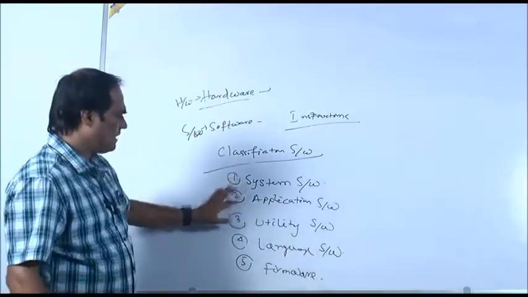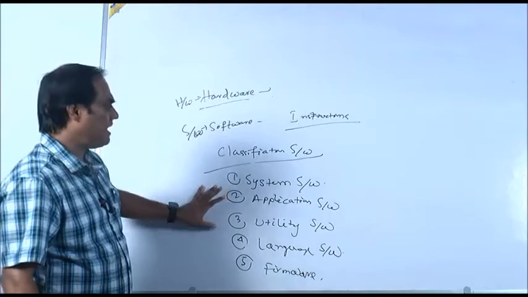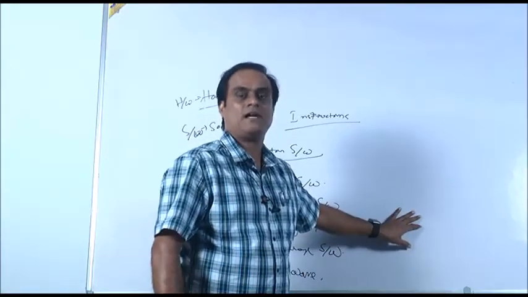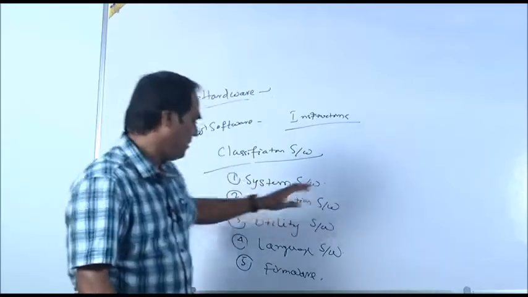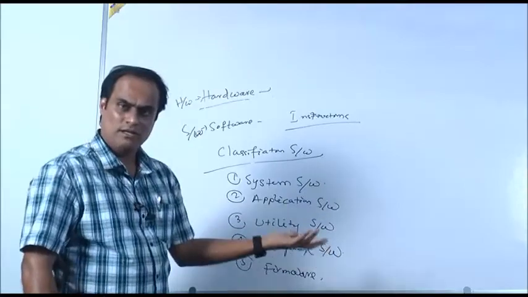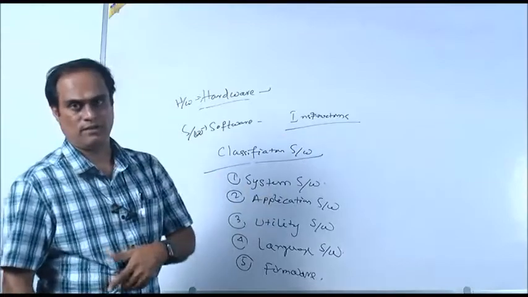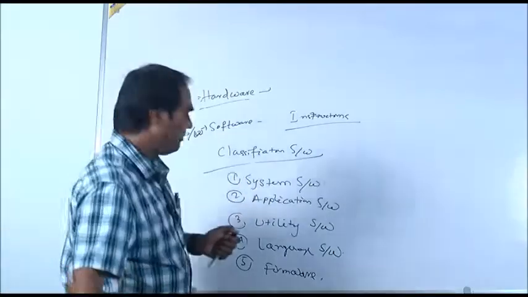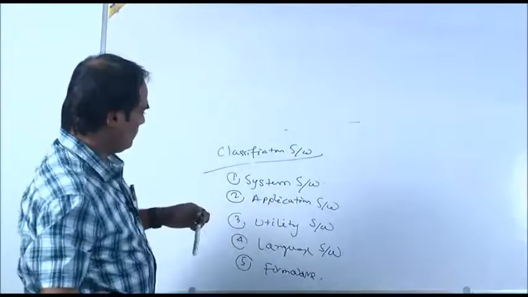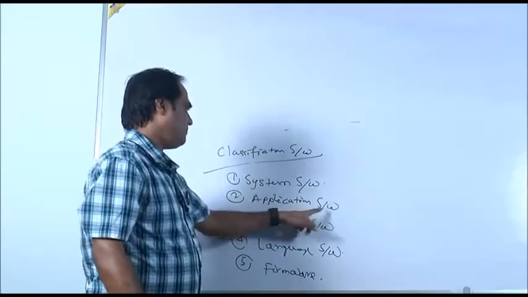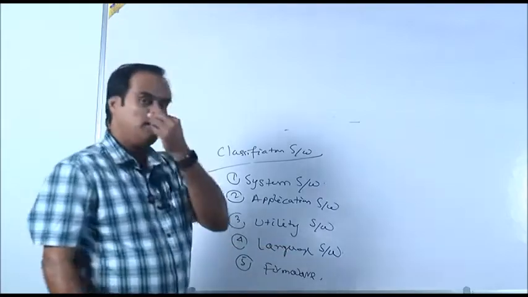Like that, these are the different software. They are classified as per use, that is, which software is used by the computer, which by the user, and for what purpose. So, first is system software, then application software, then utility software, then language software, then firmware.